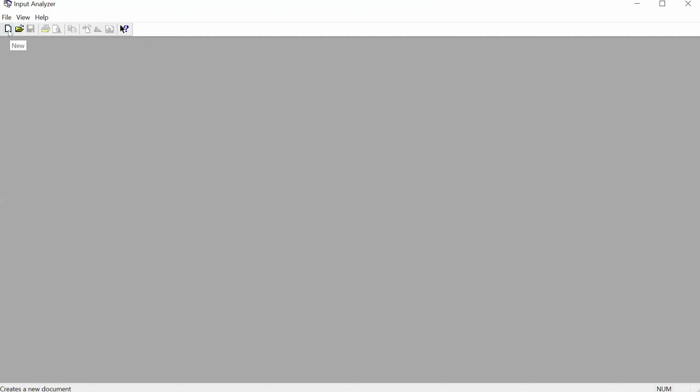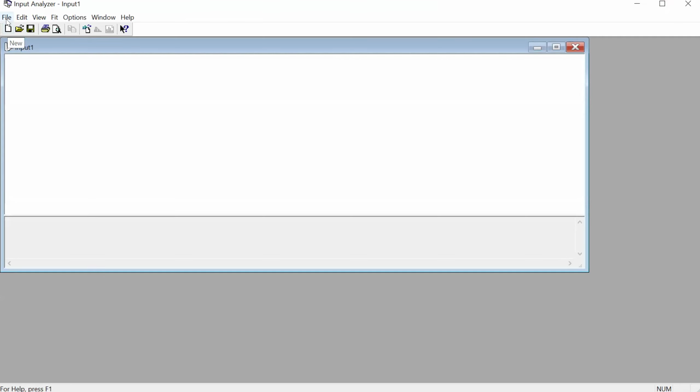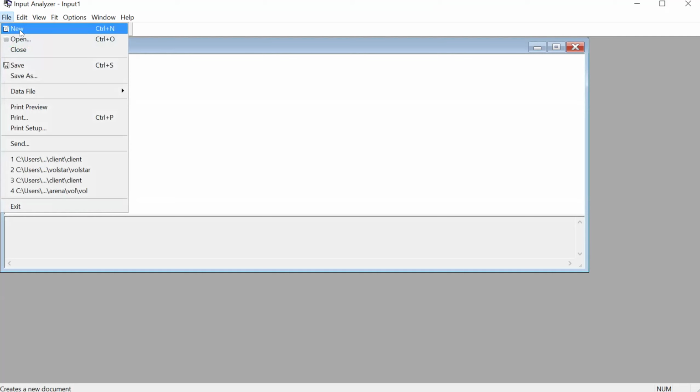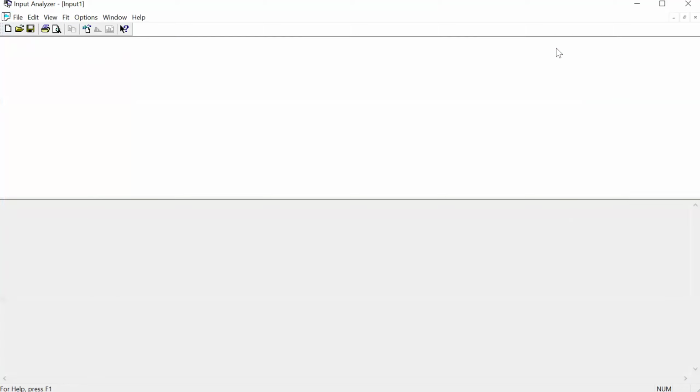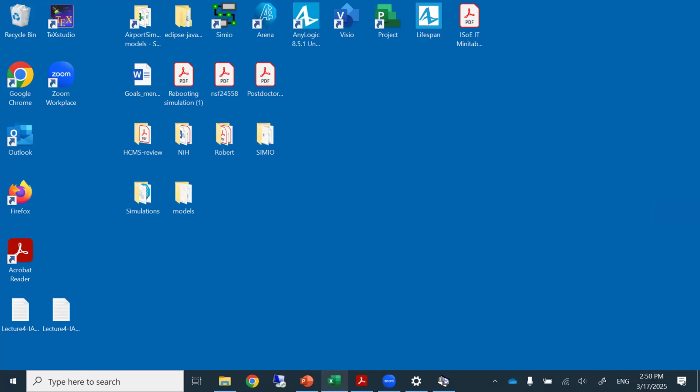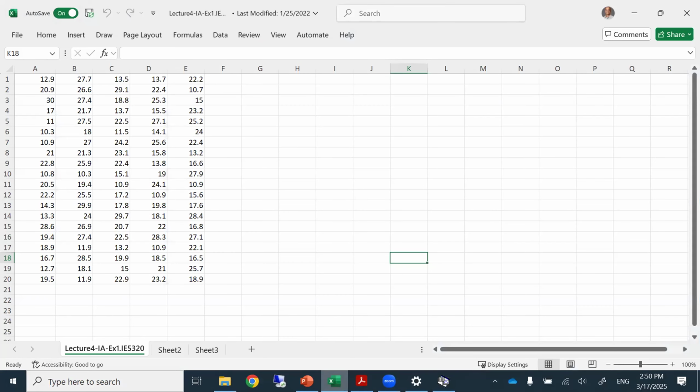So the first thing we're gonna do is to create a new project, right? You can do that two ways. You can go here, file, new, or you can just click this new button here, and that will give you this. Now, before we get to work with the input analyzer, we need to make sure that we set up our data in the right format.